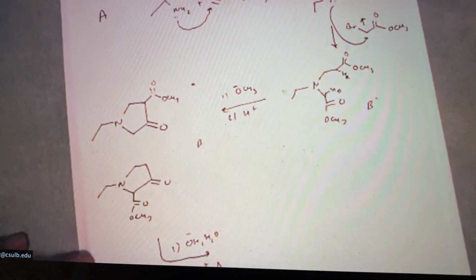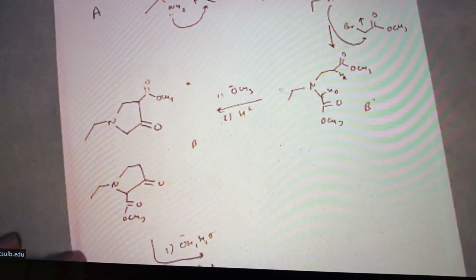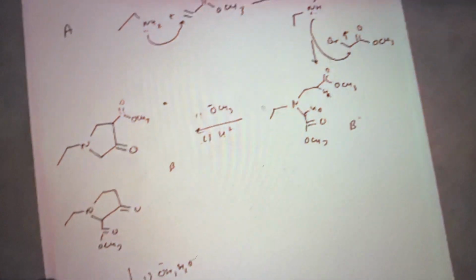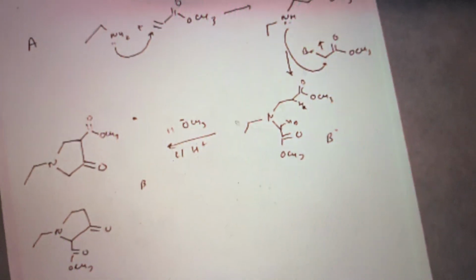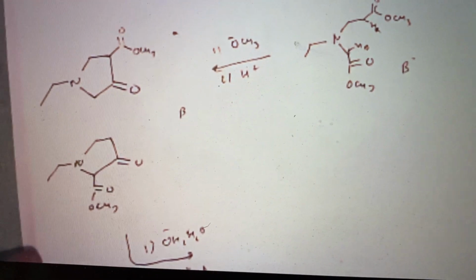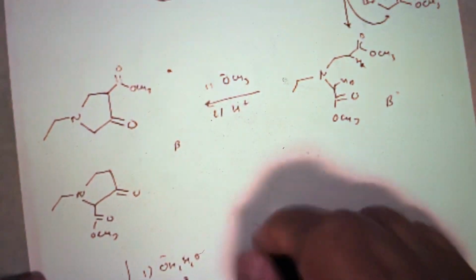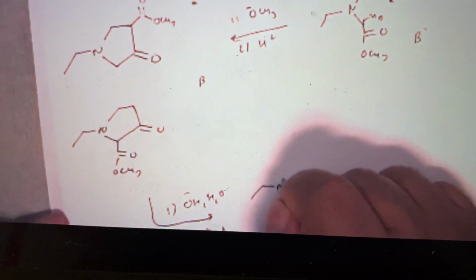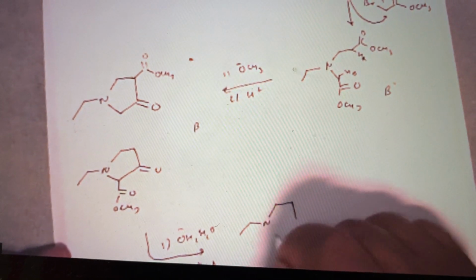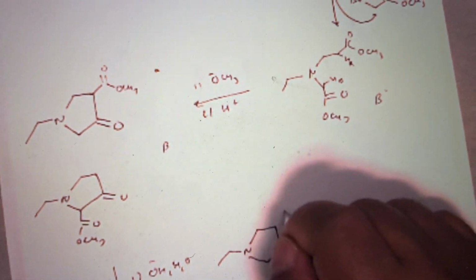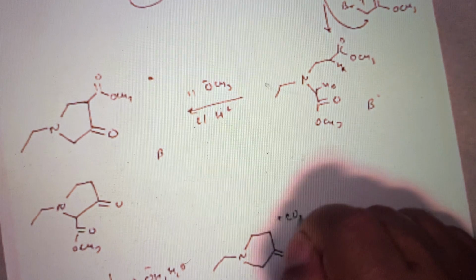Now, these are standard conditions for what you learned with Dr. Schwann in chapter 22, and this is saponification of ester followed by decarboxylation. So if I do that for A, it looks like this guy, where I lost the CO2 group there.